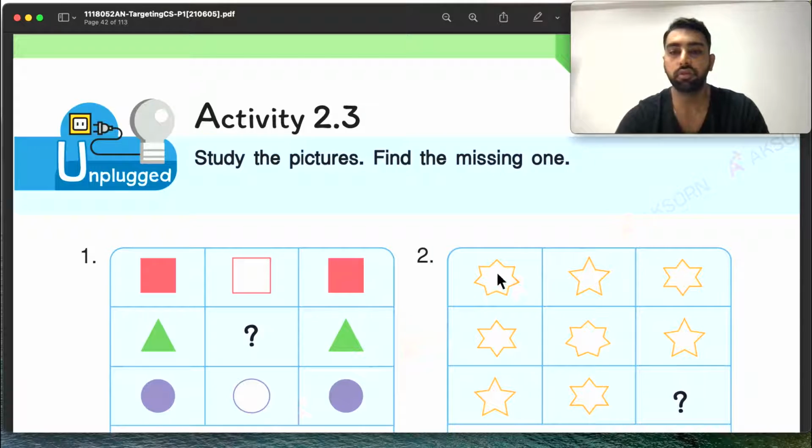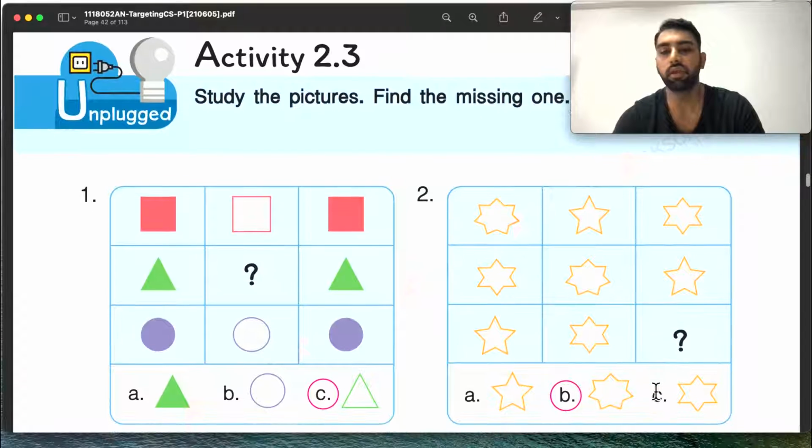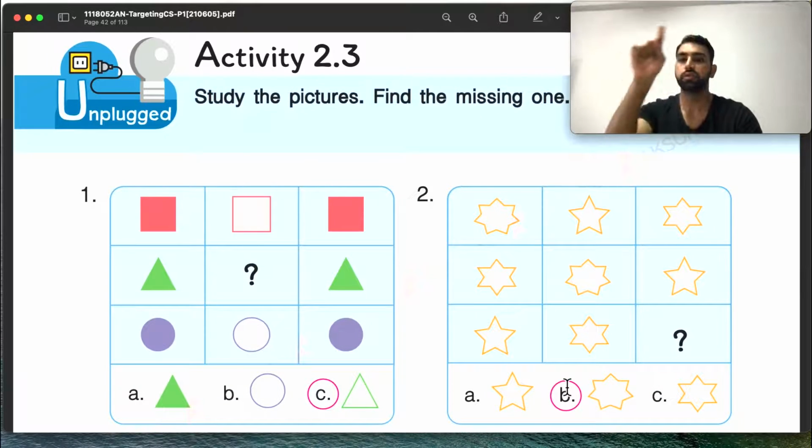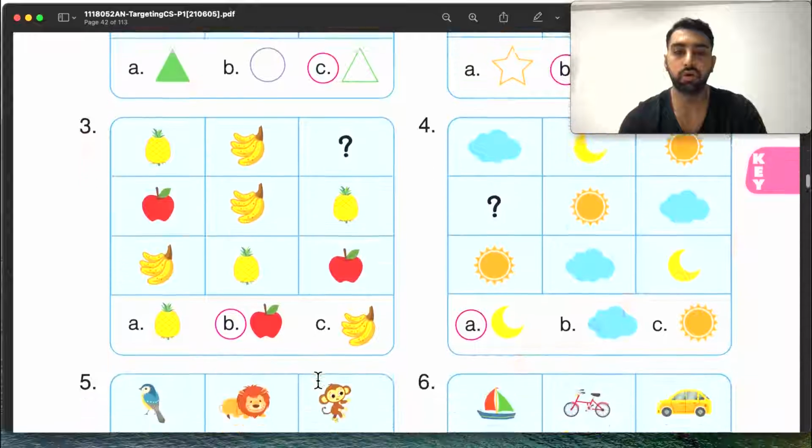So this and this and this, 7, 5, 6, and then 5, 6, 7 and 5, and here 5, 6 and this one 7. You have to circle the correct option. This is B, which is missing here. So you have to do all the activities like this.